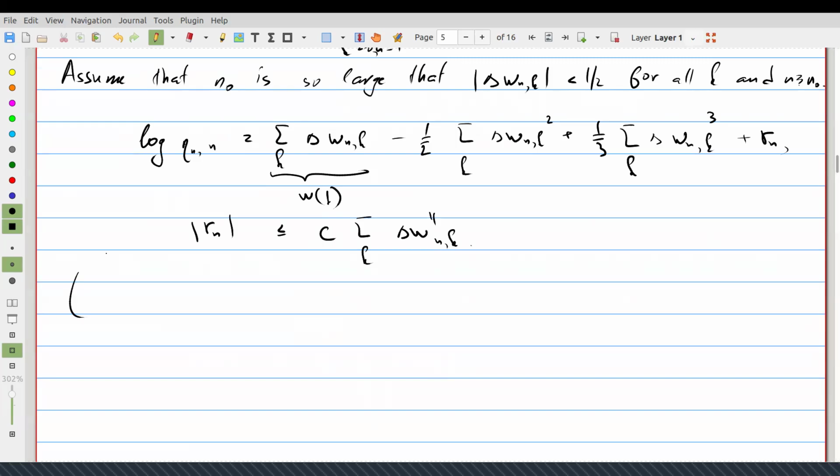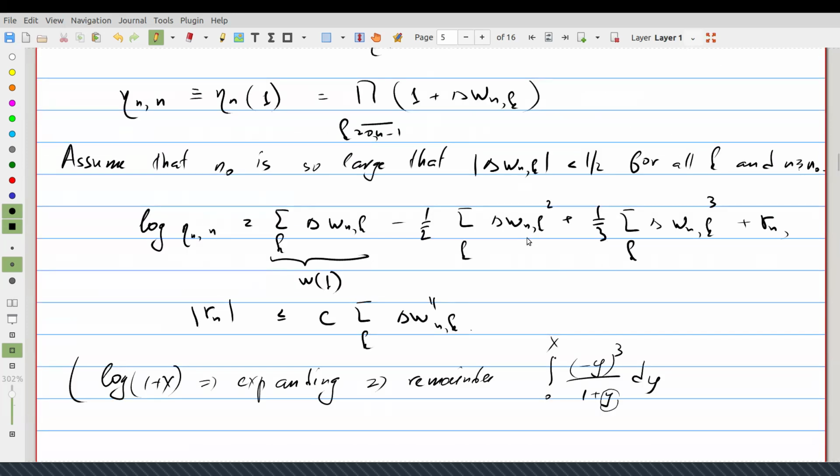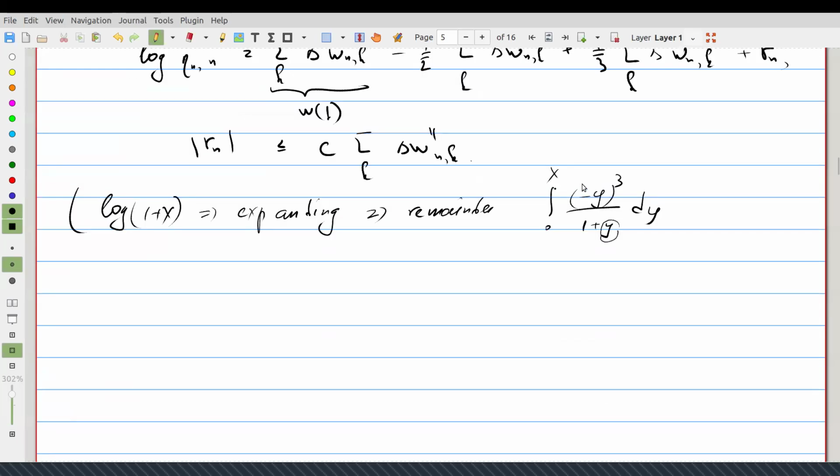So it is true because the remainder, if you do the decomposition of this expanding, is actually known. It is going to be like this, dy, but now, because of this condition, 1 over 1 plus y is bounded from above. So this is true.